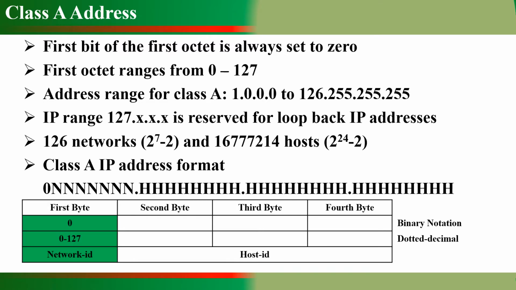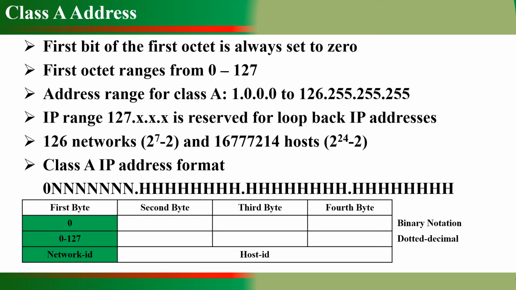There are 2 raised to the power 7 minus 2, meaning 126 networks, and 2 raised to the power 24 minus 2 hosts. Number of networks available in Class A is equal to numbers possible due to remaining available 7 bits in the network ID, minus 2.